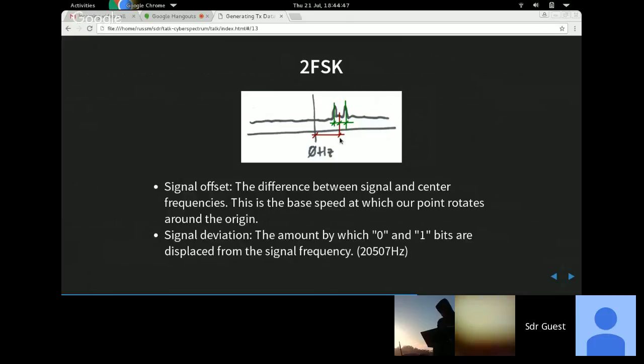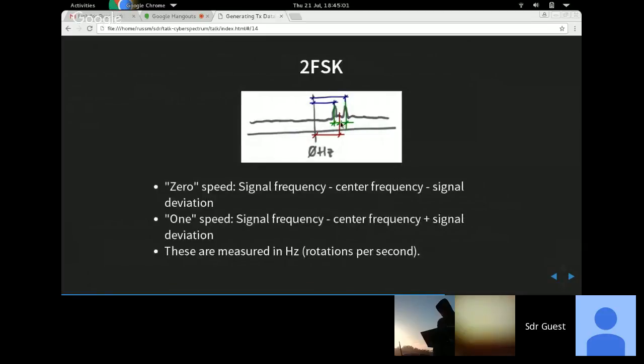For 2FSK data, the signal deviation is the amount from the signal frequency that the high and low bits are offset. What we need to know though are the offsets of the high and low frequencies from our transmission frequency.